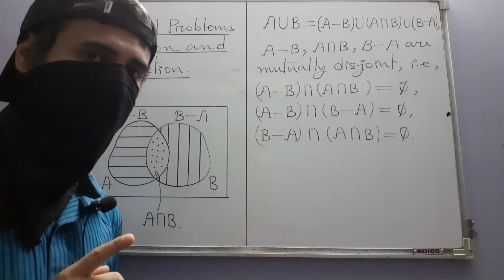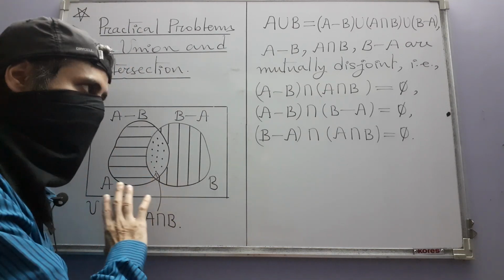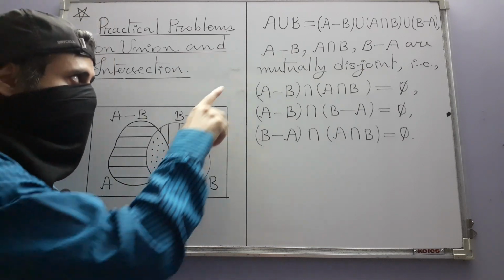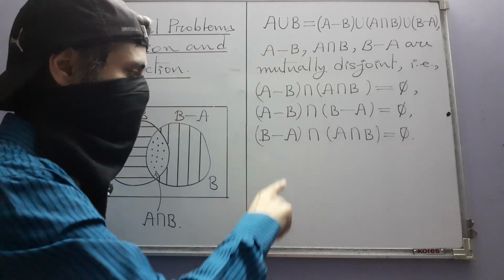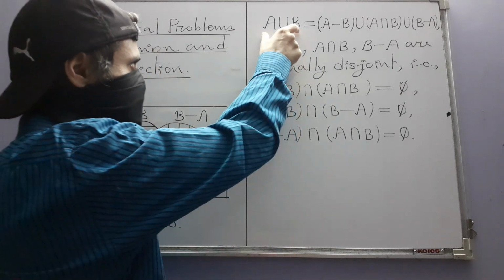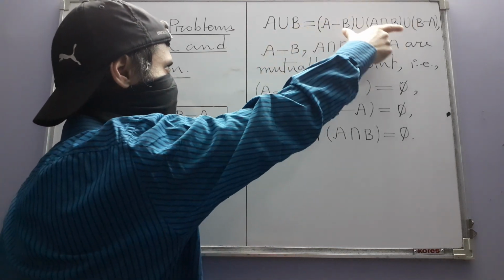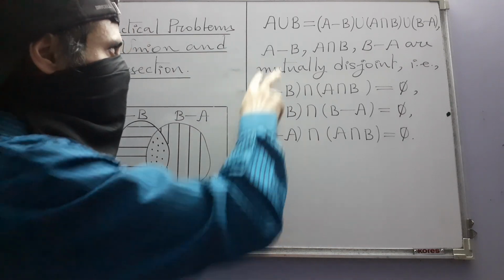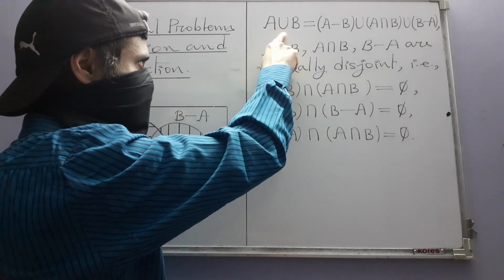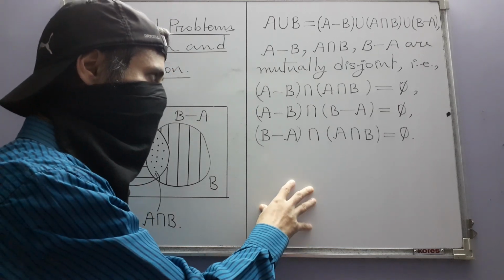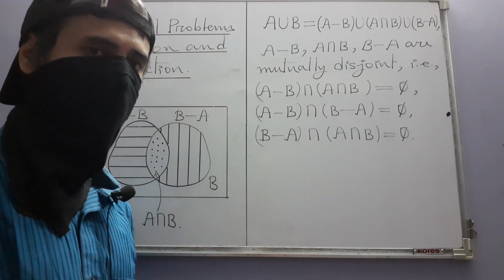Although, again I am repeating, a Venn diagram is not a proof of any set identity. If you really want to prove this, you have to go the usual way. That is, you have to show that this is a subset of that and that is a subset of this by taking an arbitrary element, say you take x here, then show that x belongs to that set and so on. Now, I am not going to go with that proof.